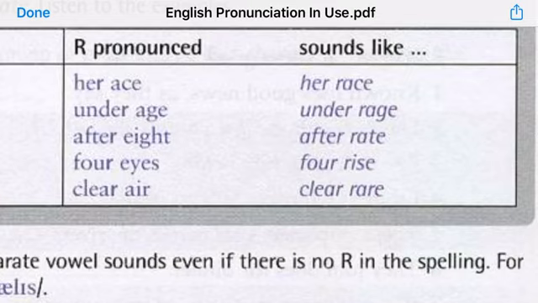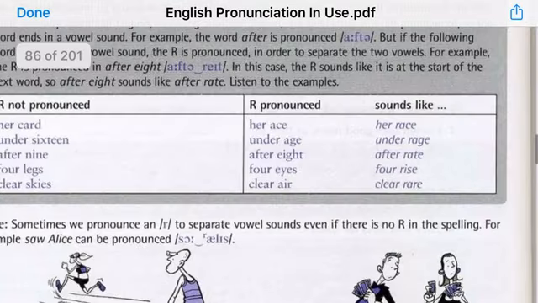So we move the R sound to the next word as if it were an onset for the next vowel in the next word. So that's the main point. We insert the R and we pronounce it as if it were a part of the onset of the next word.